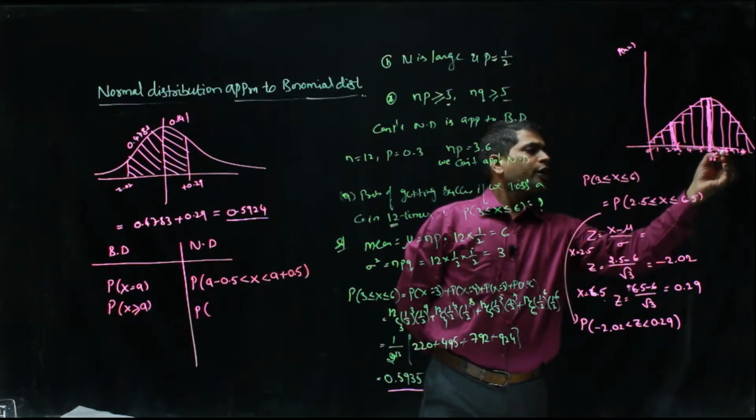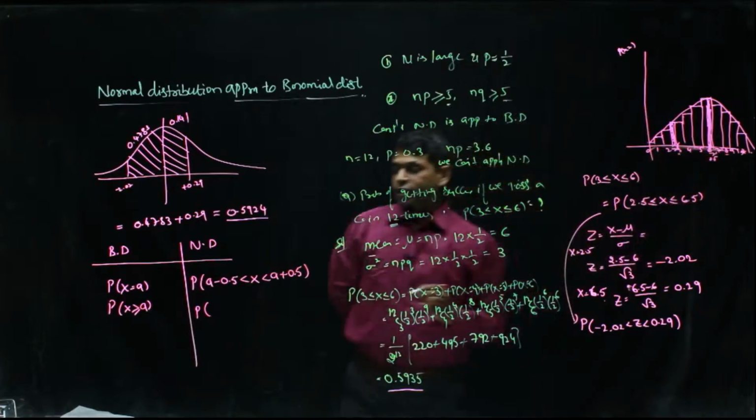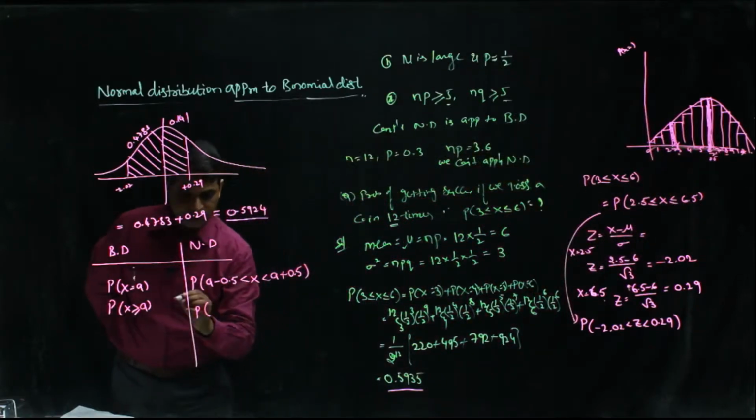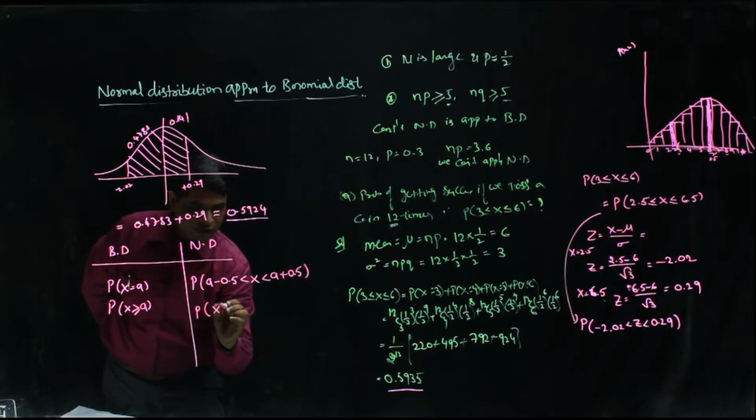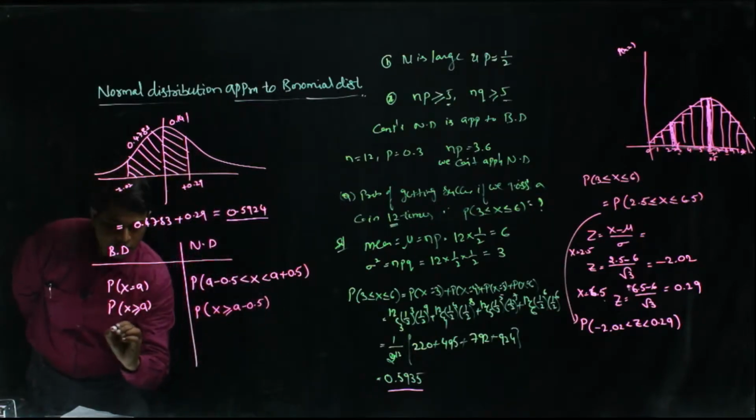So, 8 means this half part of the area we are missing. At that time, we can write x greater than or equal to a minus 0.5. Next, suppose x is greater than a.